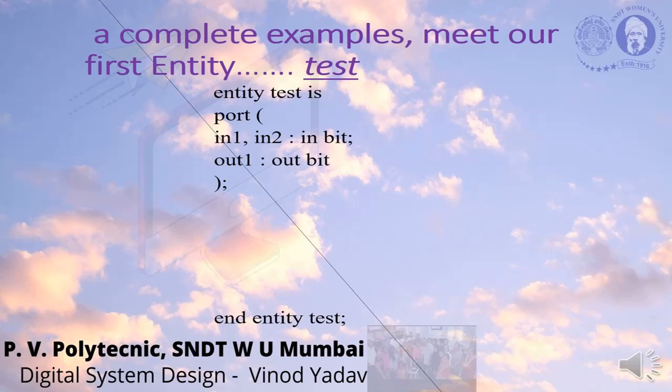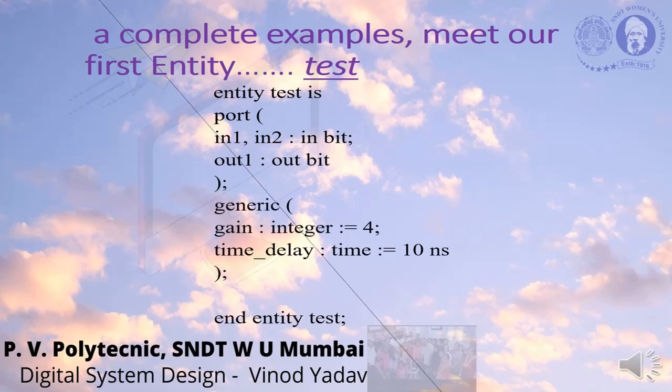We have defined here a port: in1, in2, in_bit, out1, out_bit. Then we will define generic gain integer := 4, time delay time := 10 ns. Whenever you are assigning any value, you have to put colon and the equal to symbol. Next, we want to define a constant. This is the way we define a constant.